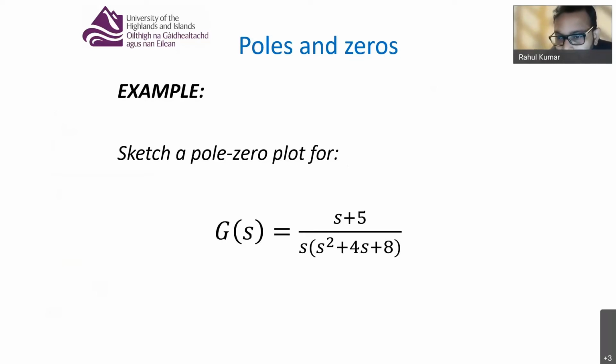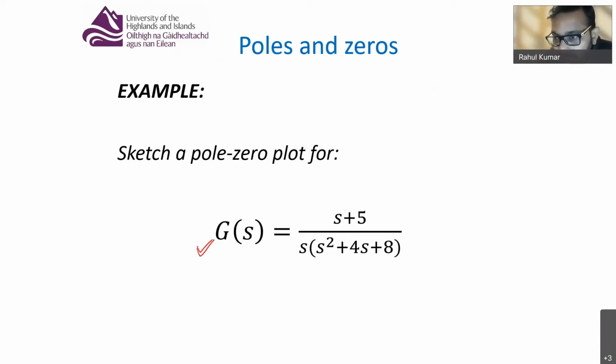Okay, so let's take this transfer function. The given transfer function G of s is s plus 5 divided by s multiplied by s square plus 4s plus 8.